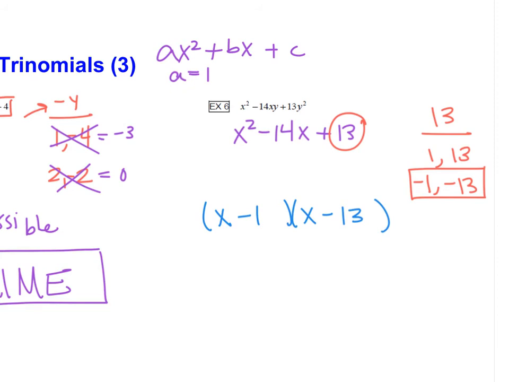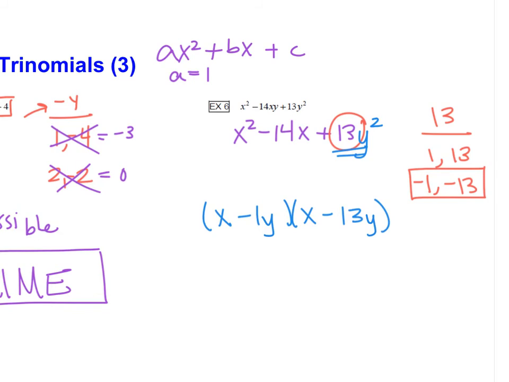Remember, this is really a 13y squared. And how do you get this last term? That actually comes from multiplying the last terms of your binomial times a binomial, like for foiling. So really all that we do is the y goes in with those numbers.